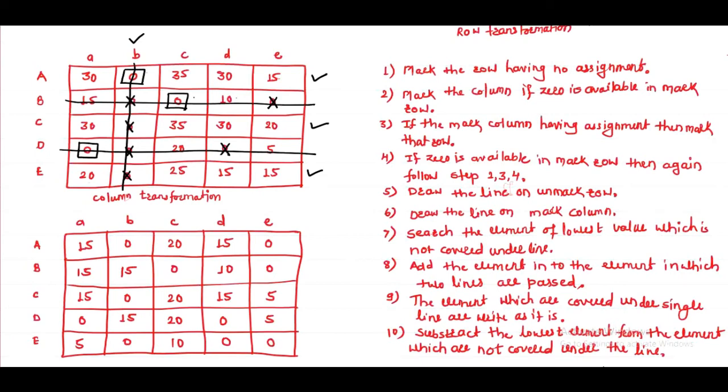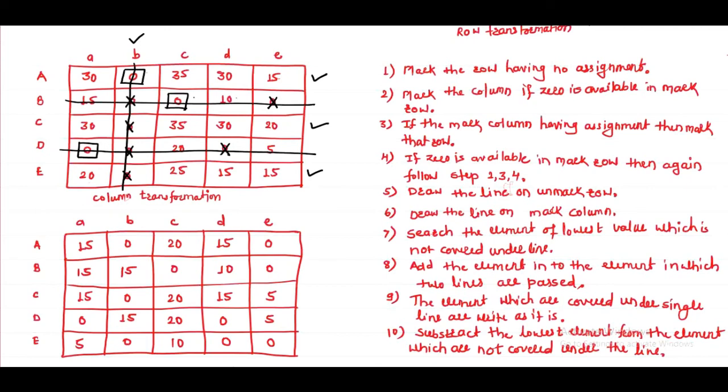Now again we have to mark assignments, first row wise and then column wise. In the first row more than one zero is available, so go to the next row. In the second row also more than one zero is available, go to the third row.